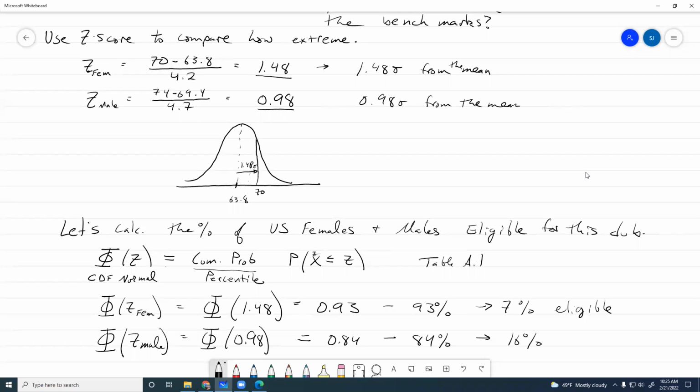And then we get 16% of males are eligible. So we did the inverse there. First we calculate the z-score, how extreme the observations are, and then we use that to calculate the percentile associated with it.